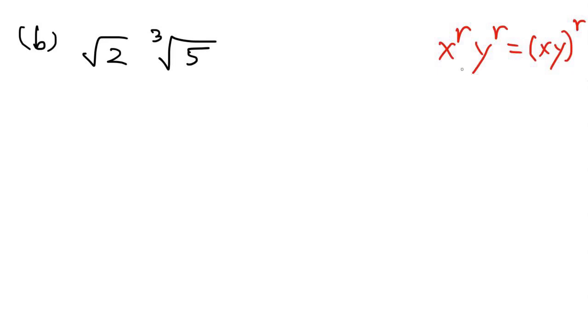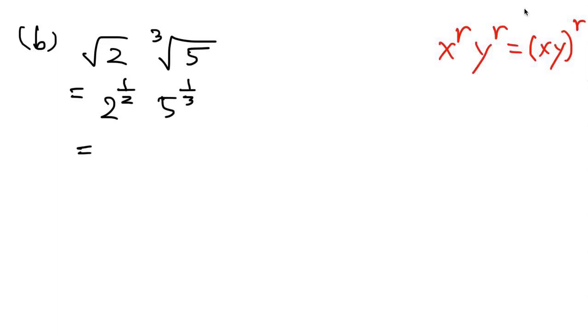So this time we're going to use this property over here. This property of exponents tells you that if we have the same exponent, then we can multiply the bases and use the exponent just once. Okay, so let's simplify these numbers. Square root of 2 is 2 to the 1/2. Cube root of 5 is 5 to the 1/3.